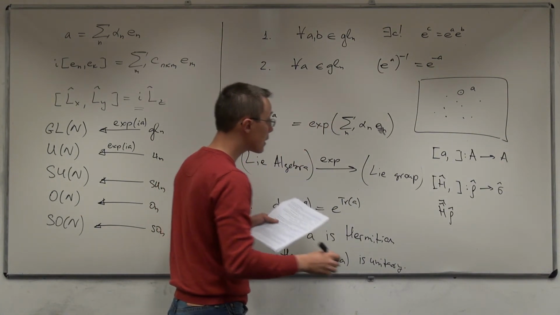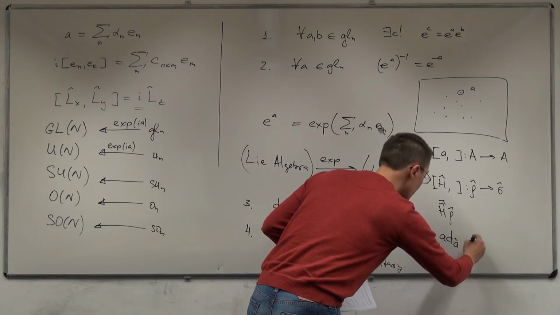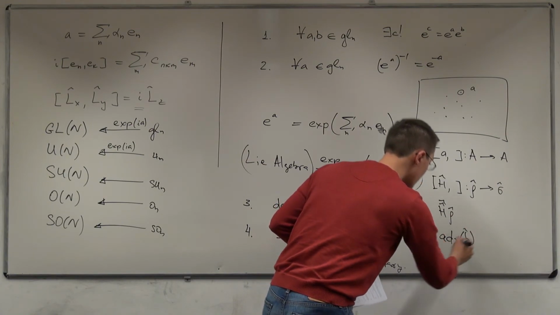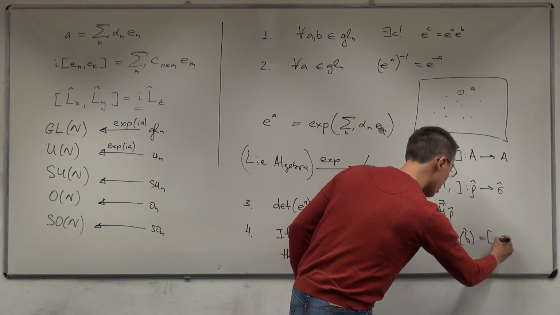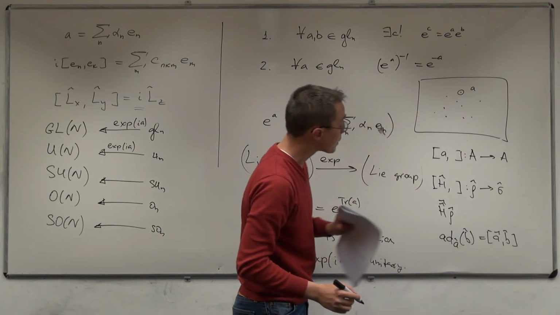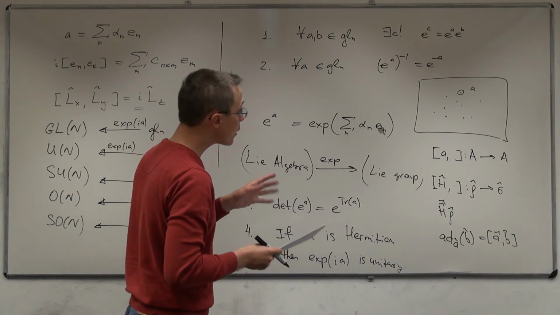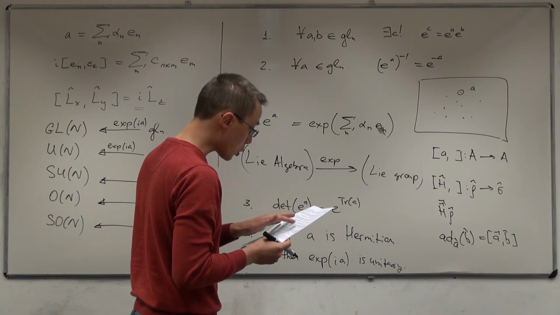In mathematics, the notation is ad A acting on B is a commutator of A and B, where I just kept the operator hats to make it similar to quantum mechanics. Now, there are various relations one can prove about it.